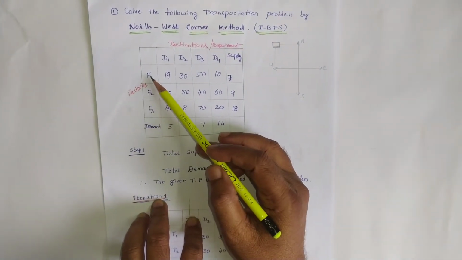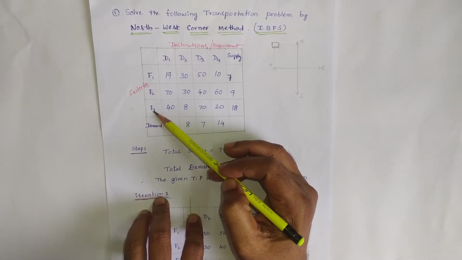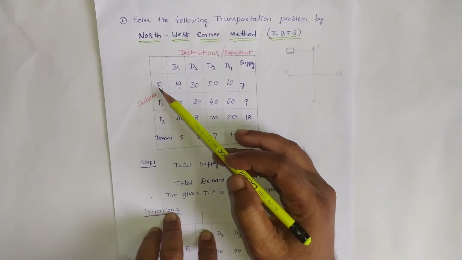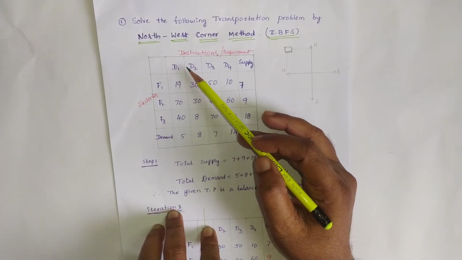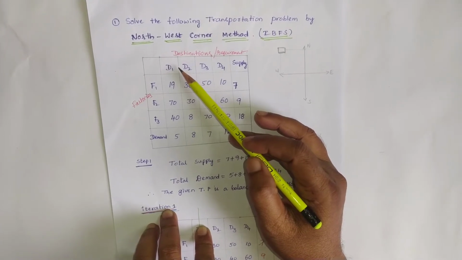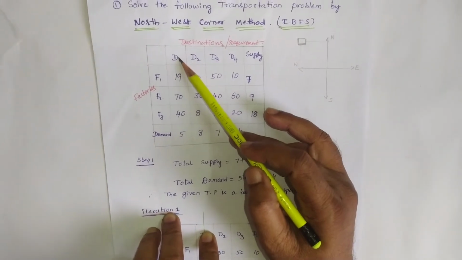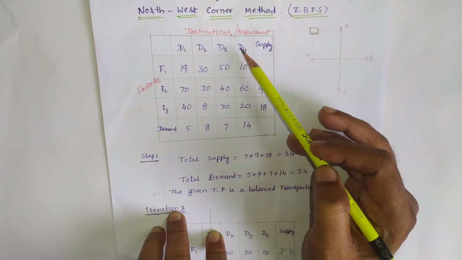Here three factories F1, F2, F3 produce products. These products are transported to the different destinations D1, D2, D3, D4.